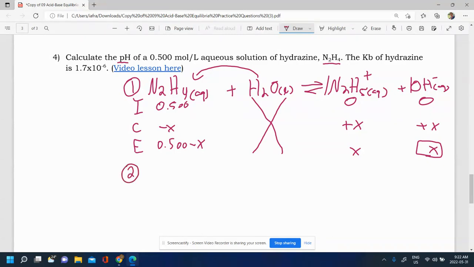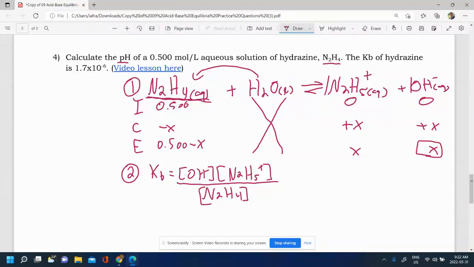So we need to make an expression. Now we're dealing with a base here, a weak base. So our expression will not be a Ka, it'll be a Kb. When you're dealing with a weak base at the start here, you're making a Kb, not a Ka. So Kb is going to be equal to OH minus times N2H5 plus over the N2H4. And we can replace those by the x values and the expressions at equilibrium.